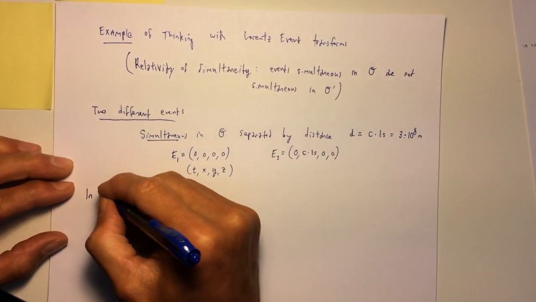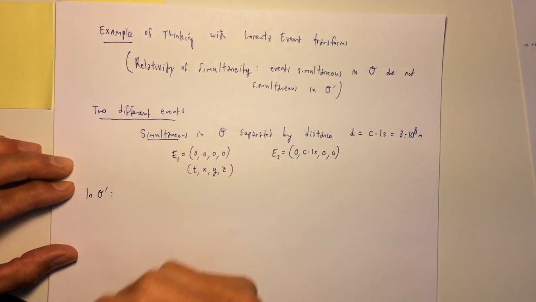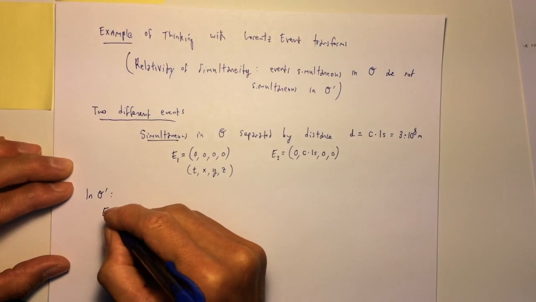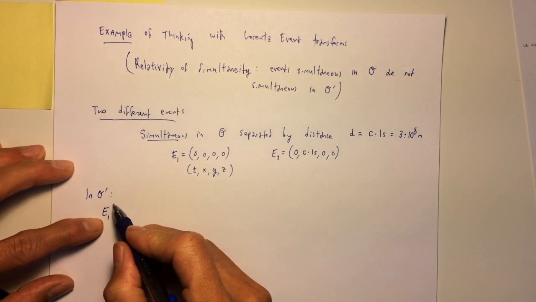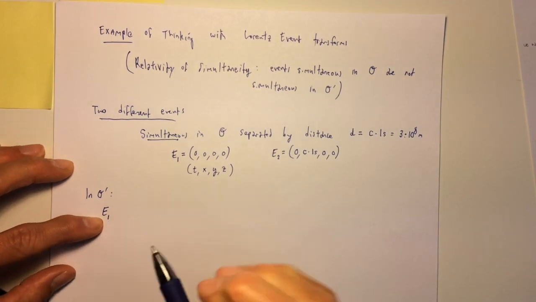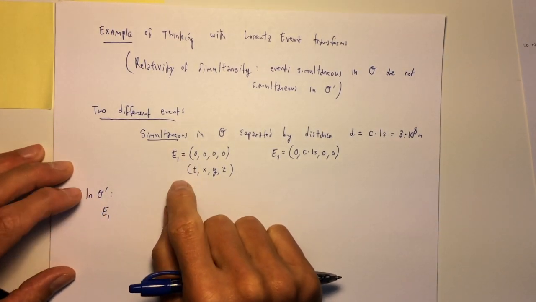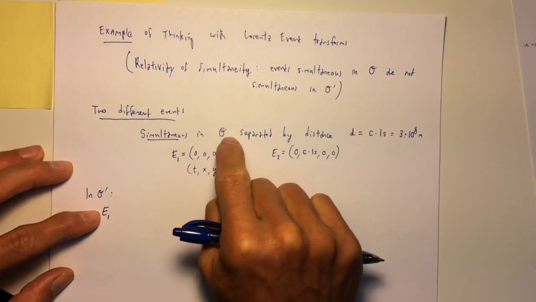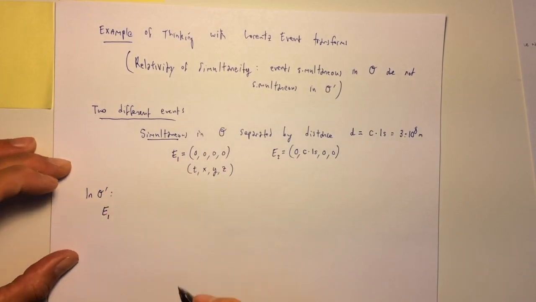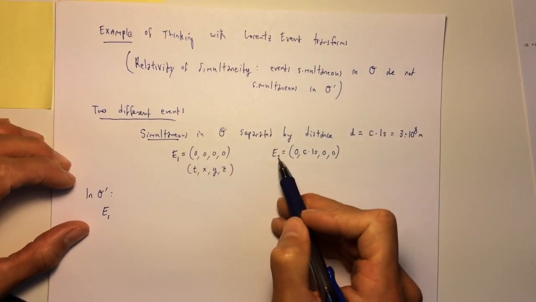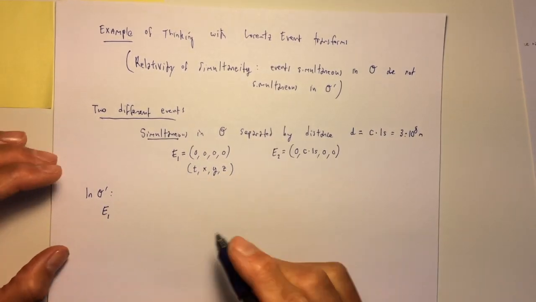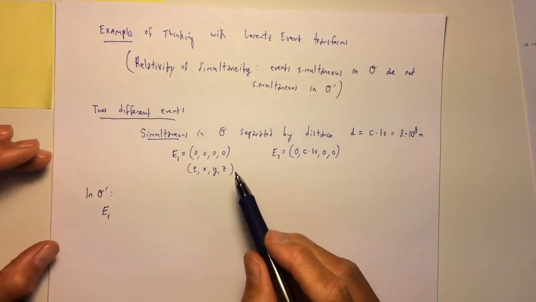But in O prime, right? So let's translate. So event number 1, we're not going to put a prime on it because event number 1 is event number 1 in either O or O prime, right? We could have called it event A and event B or whatever, event I and event J, doesn't matter.